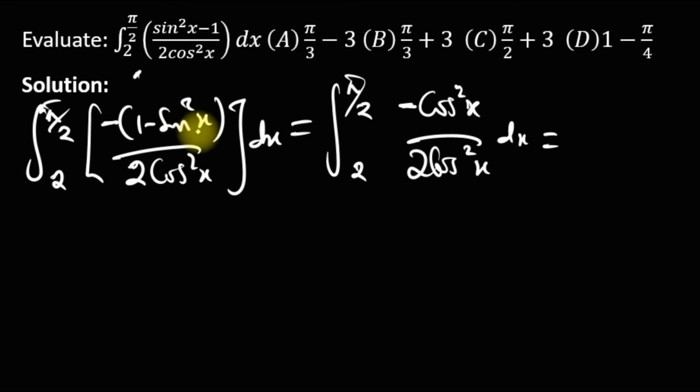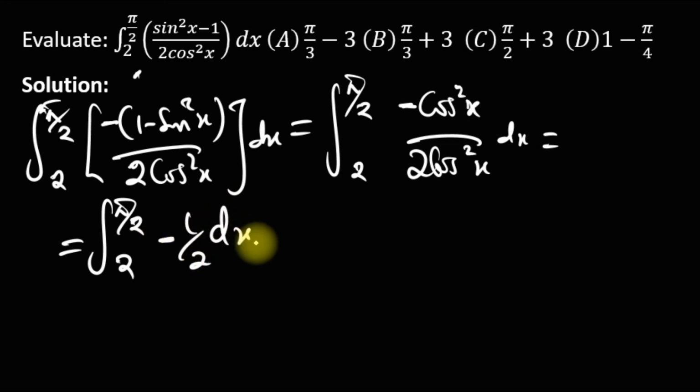So 1 minus sine squared is cos squared, so we replace this with cos squared. Cos squared cancels cos squared. So we have the integral from 2 to pi over 2 of minus half dx.